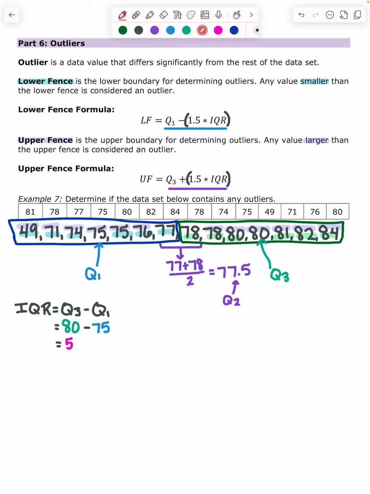Now I can calculate my lower fence. My lower fence equation is Q1 minus 1.5 times the IQR. So Q1 is 75 minus 1.5 times 5.